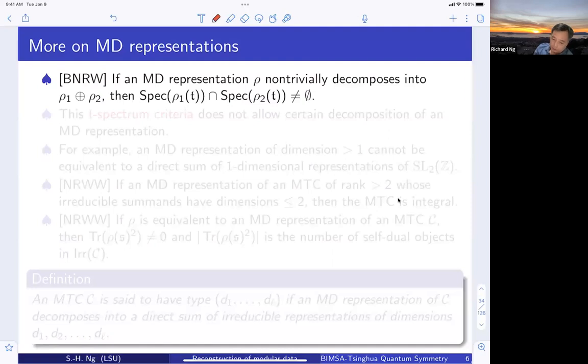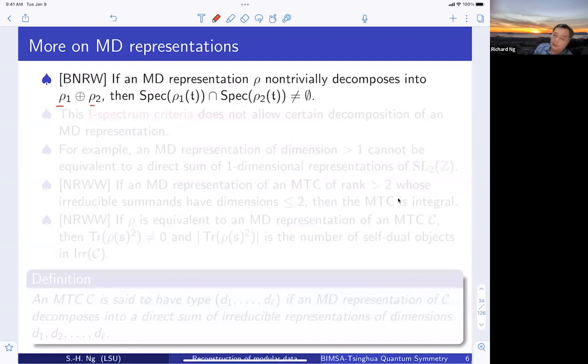This is a criterion developed in a previous paper by Bouvet, myself, Eric Rowell and Zhenghan Wang. Basically, if you have an MTC representation and you decompose it into a direct sum, then both summands are representations of the modular group, though they could have different levels. Their T matrices are both diagonalizable, so they have spectra, and the intersection of these two spectra cannot be empty.